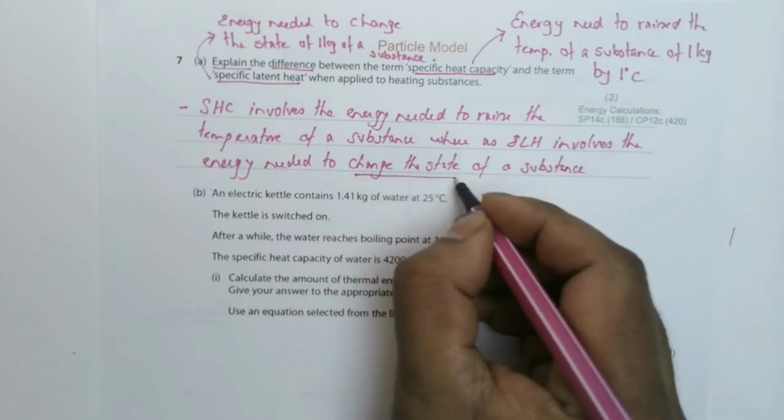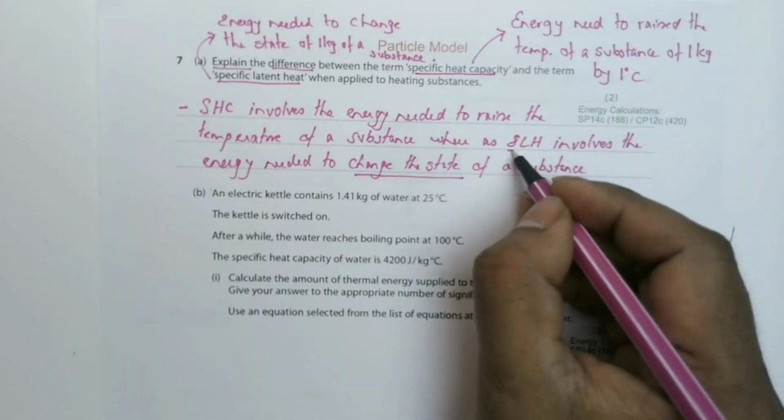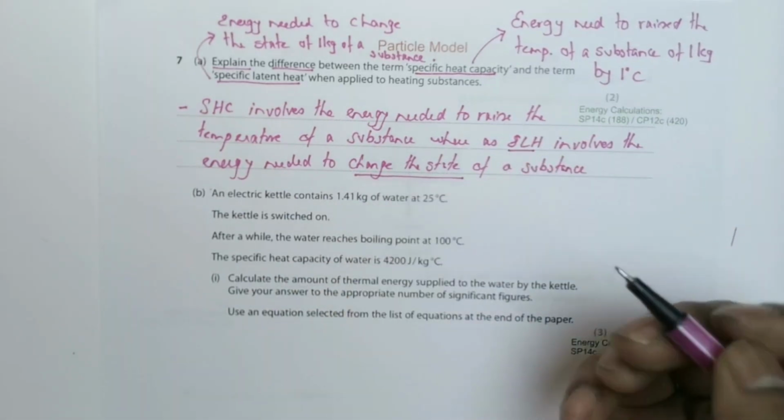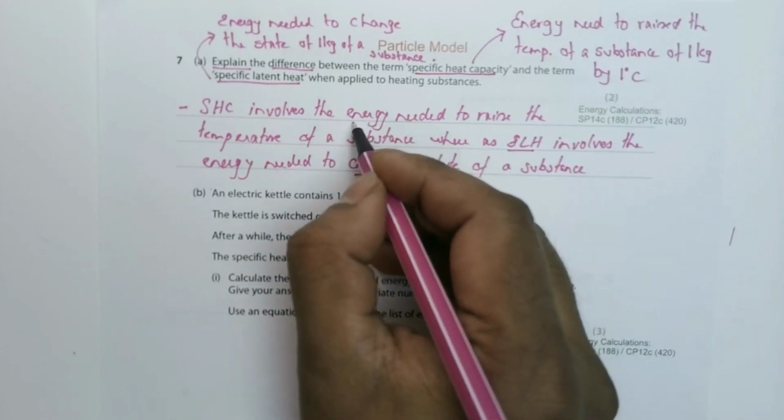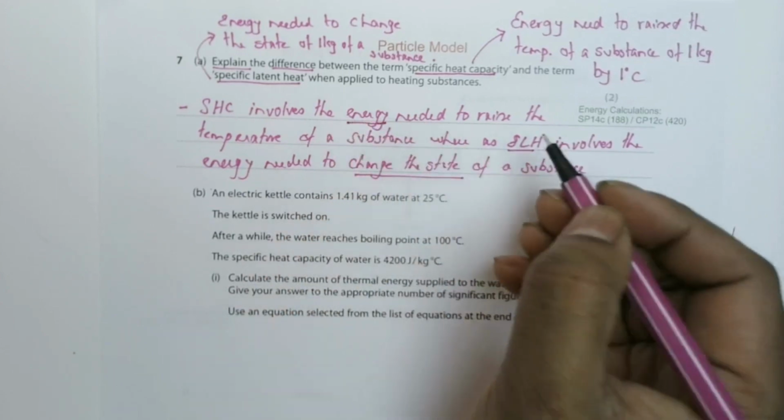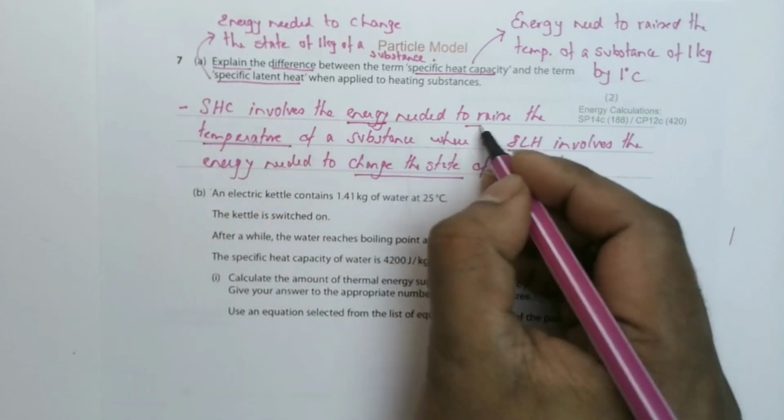The key point is to identify specific latent heat is to do with the energy for change of state. Specific heat capacity involves the energy needed to raise the temperature.